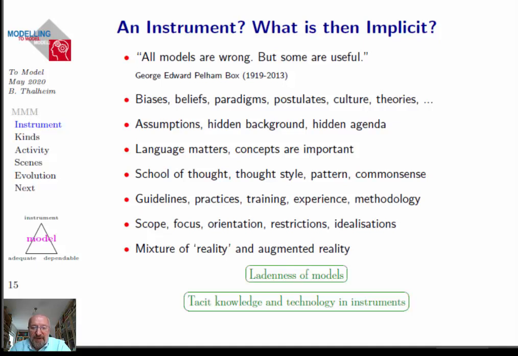We have guidelines, practices, trainings, experiences, methodologies, and models are typically also laden. However, as an instrument, they integrate and they bring some kind of tacit knowledge that is behind the usage of models as an instrument.